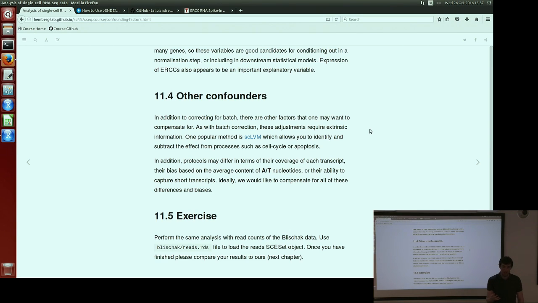And so that's where this method, SC-LVM, was developed. It was developed for that purpose, to use annotated cell cycle genes and their expression levels to infer the cell cycle phase for each cell, and then to remove that source of variability from the data set to leave us with just the remaining biological signal that we are presumably more interested in.